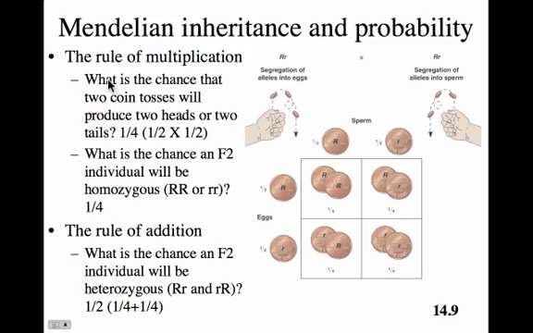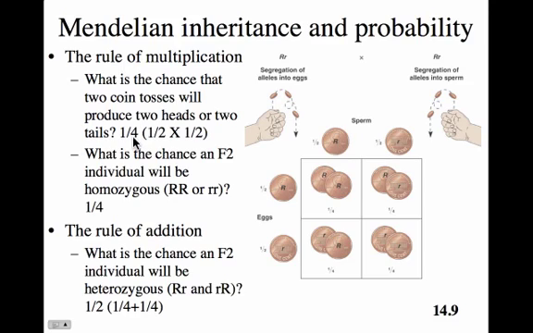So here's the question. What's the chance that two coin tosses will produce either two heads or two tails? The chance of producing heads is a half. It can either be heads or tails. The chance that the next toss of the coin also produces a head is also a half. So the chance that we'll get two heads in a row is just multiplying those two probabilities together, to give you a quarter.